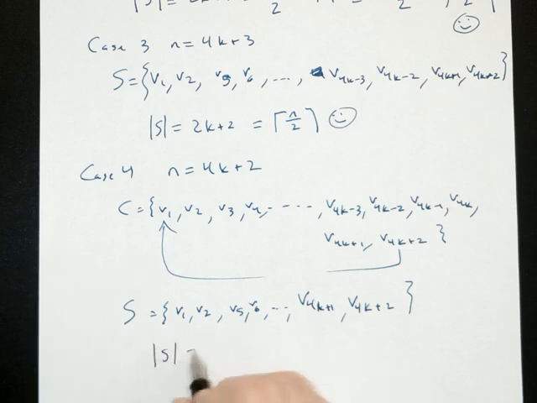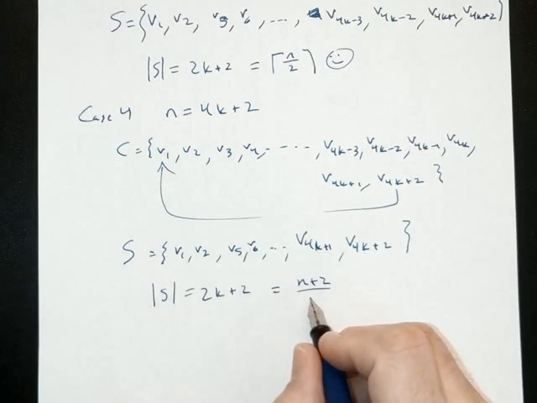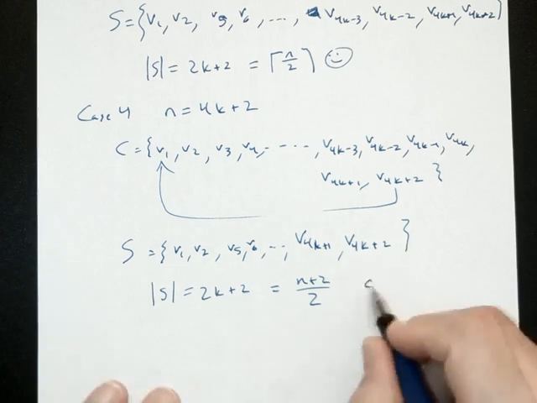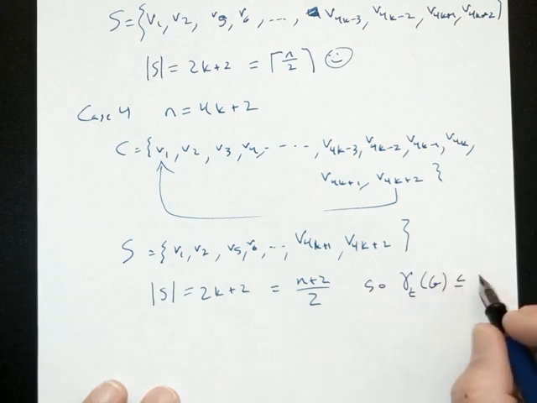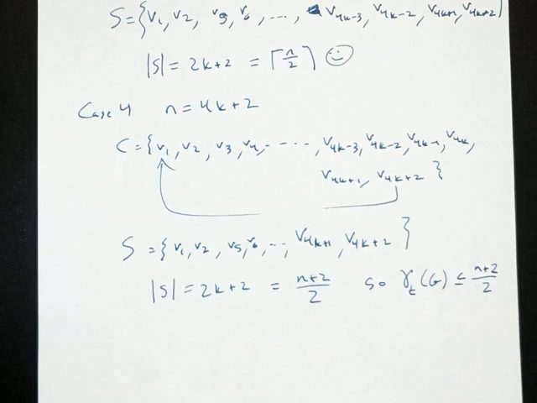Well, this is that many vertices. Now, I also know this number is even.